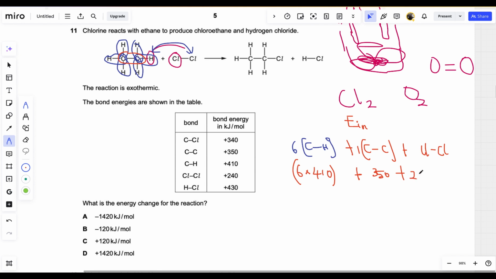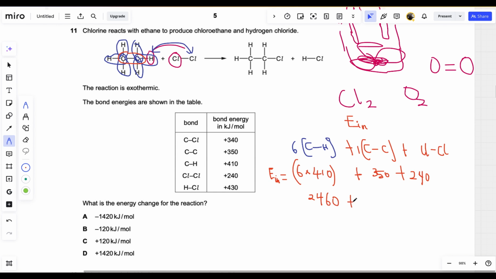So let's get the total energy in. Our energy in is equal to 6 times 410, which is 2,460, plus 350 plus 240.